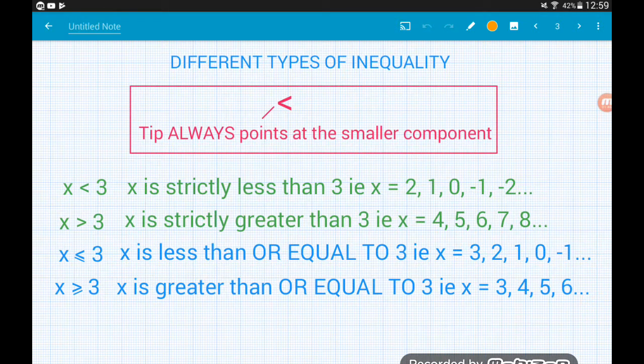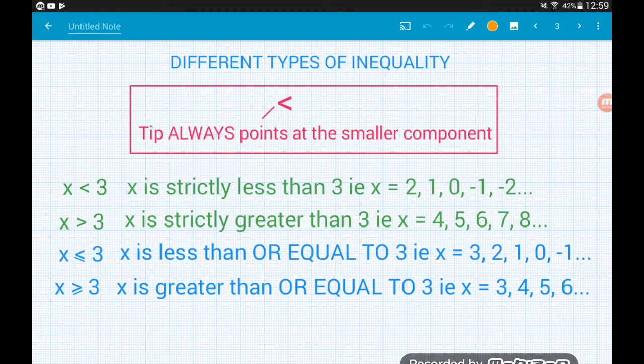So in integer terms then x would equal 2, 1, 0. Every single number down to minus infinity x is allowed to be. The next one down we would read as x is strictly greater than 3. So 4, 5, 6 and every number up to positive infinity.